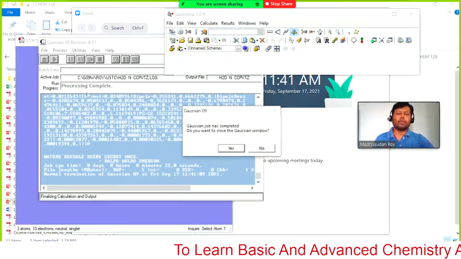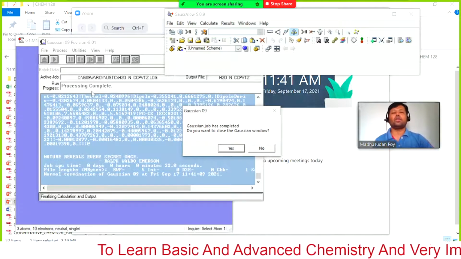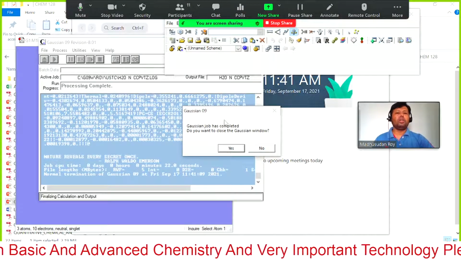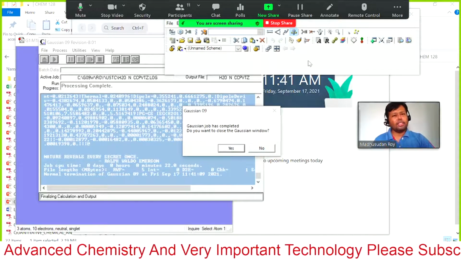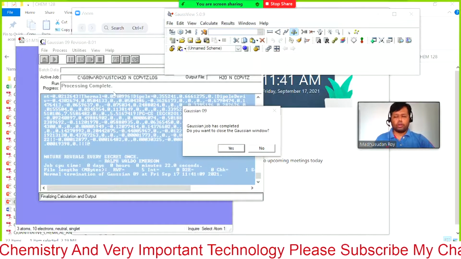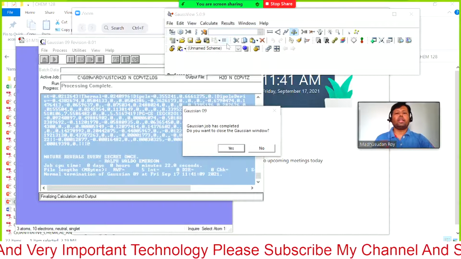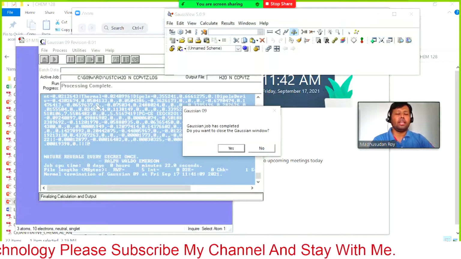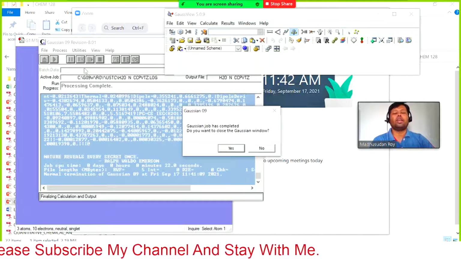To see the molecular structure or whatever, you need to use this visualization program. So we can handle this one with this one. That means we can use this program to handle this one, but actually to see the molecule or a structure you cannot use this one.